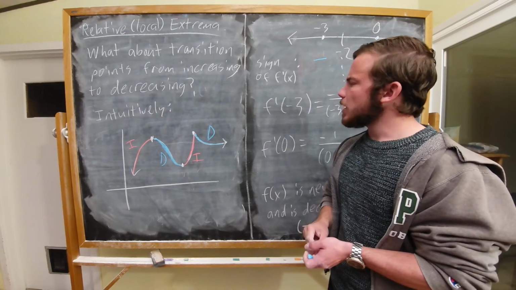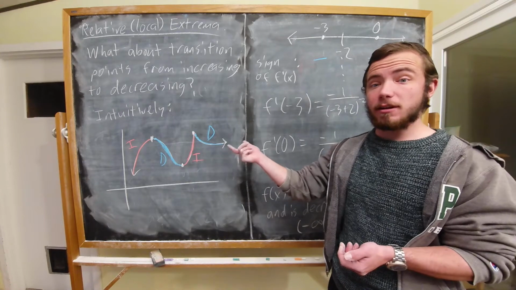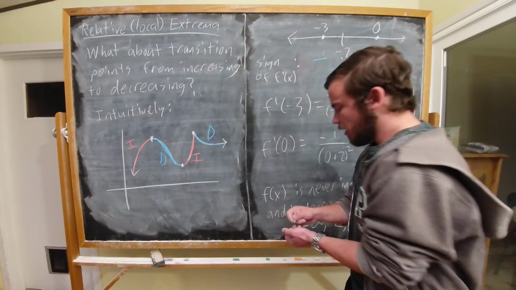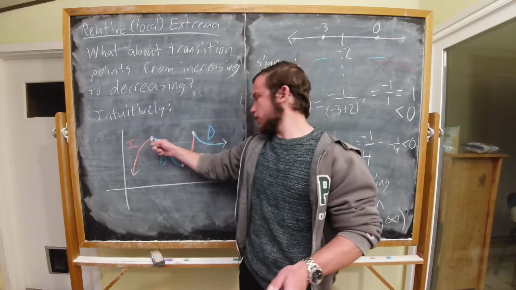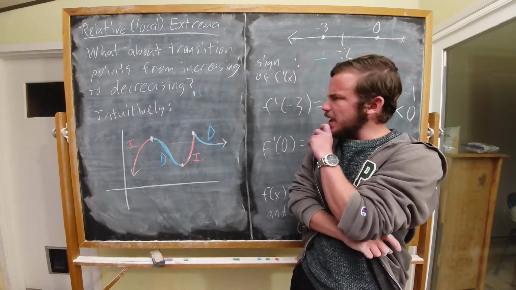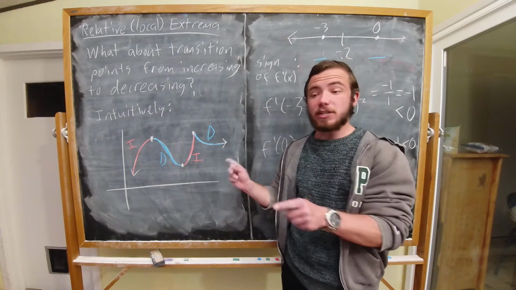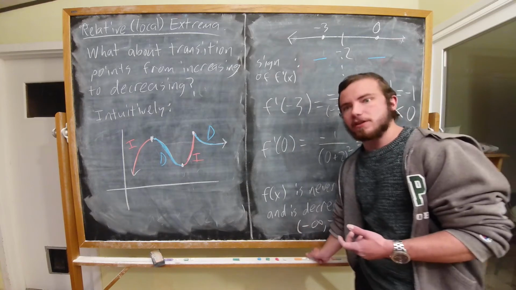Okay, so what about those in-between points? Those transition points from increasing and decreasing? Well, it looks like they're at the top of their own local hills or valleys, right? So maybe there's something to that. Those transition points are going to be the relative extrema of our function.